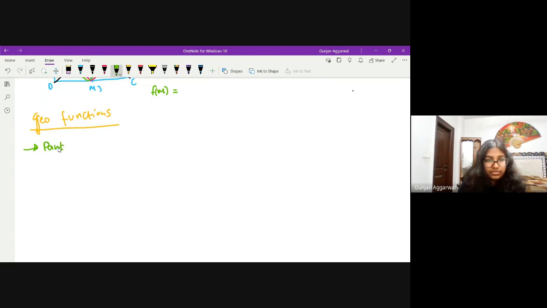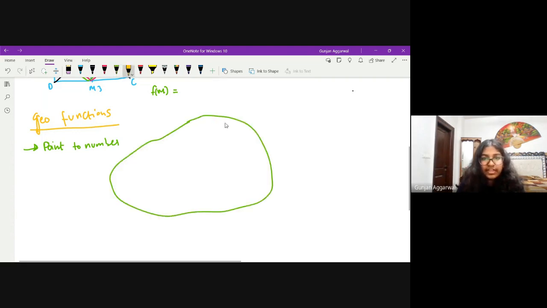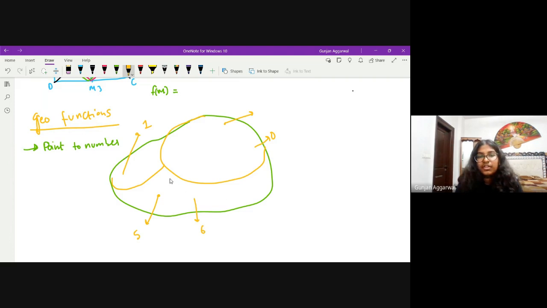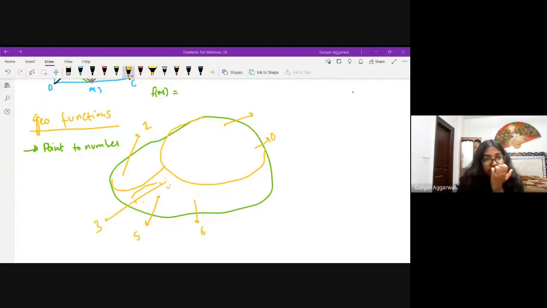Let's say this is your entire plane, and you're assigning every single point in this plane a number. Let's say this region, assign all the numbers 0, then this region you assign all numbers 1, you assign this number 5, this number 6, and rest all you assign 3. Is that a function?